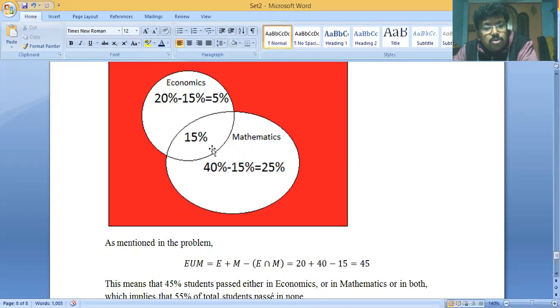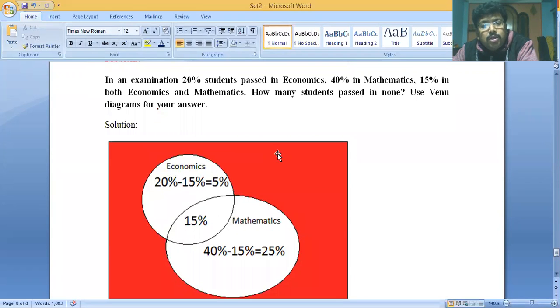So the students who passed in economics, in mathematics, and in both subjects are 5% plus 15% plus 25%, which equals 45%. The remaining part, 100% minus 45%, is 55%. These 55% of students actually passed in none.